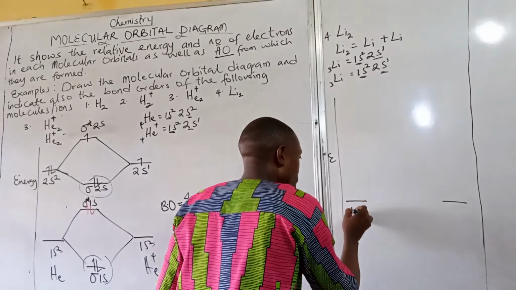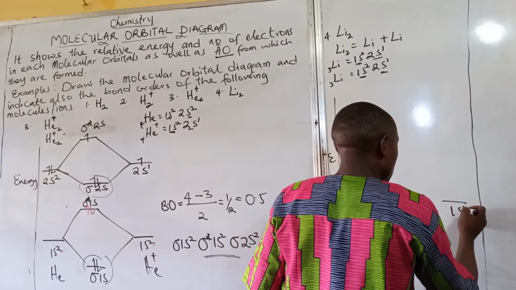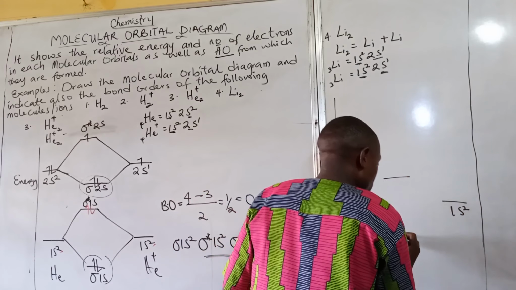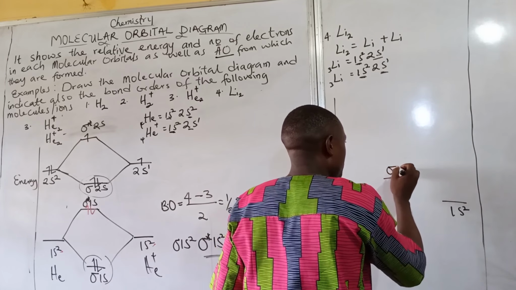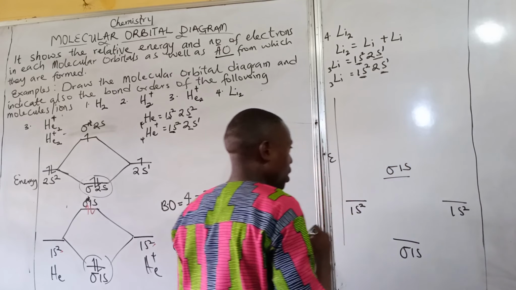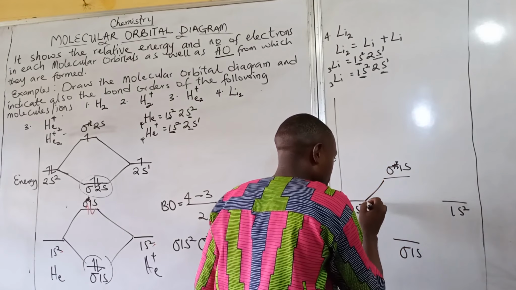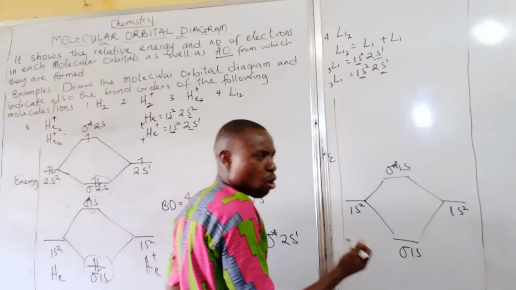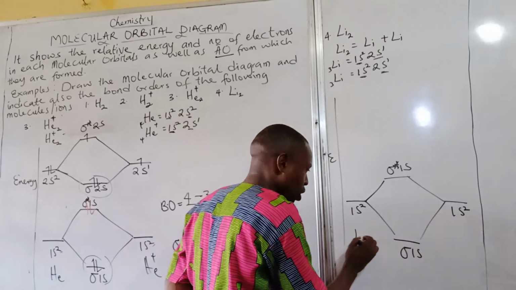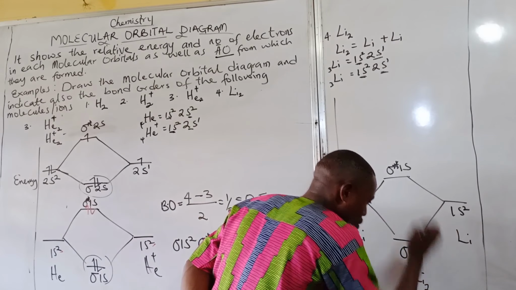So I come here, we draw for the first one. Here is 1s2. Here is 1s2. Sigma 1s. Here is sigma 1s. Here is anti-bonding. Now we move straight away. Of course, when these two interact, this is for lithium, this is for lithium, this is for the lithium molecule.